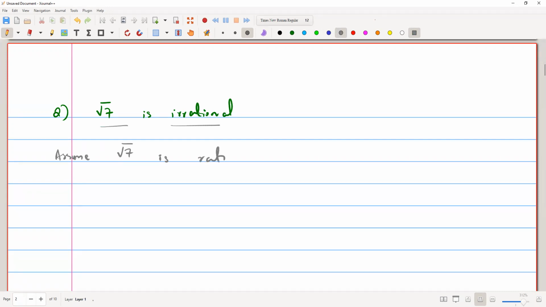So again, if it's a rational number, then we can write the square root of 7 as a ratio m over n, in fraction form, where the greatest common divisor of m and n is 1, which means that they do not have any common divisor other than 1, right?